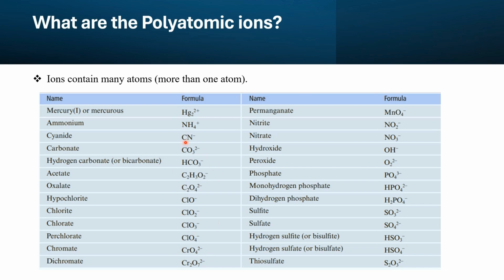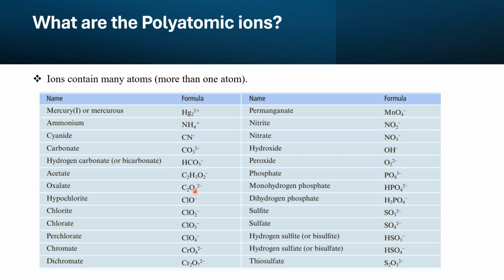For example, CN-, carbon and nitrogen, charge is 1-. Carbonate is CO3, charge is 2-. It contains 1 carbon atom and 3 oxygen atoms. This is one group, one unit. For this unit, charge is 2-. Then the 2- is common to both carbon and oxygen.